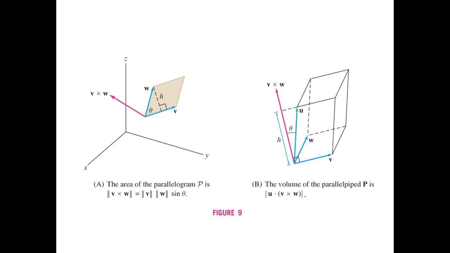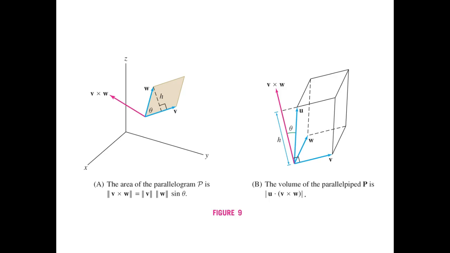All the sides along v are parallel to v. These four sides here are parallel to v. For u, this one, this one, this one, and that one are parallel to u. And for w, those four are parallel to w. So everything's parallel to each other.